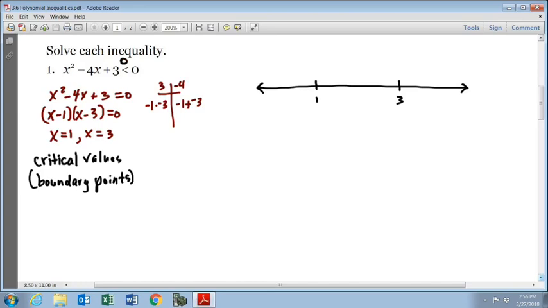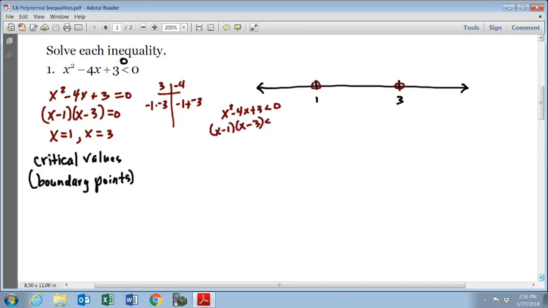So for that reason, we're going to use an open circle on our number line. So 1 and 3 are the values that make this polynomial equal to 0, but we want to know the values that make it less than 0. There's no equal sign there, so 1 and 3 are not part of our solution. So we want to know when x squared minus 4x plus 3 is less than 0.